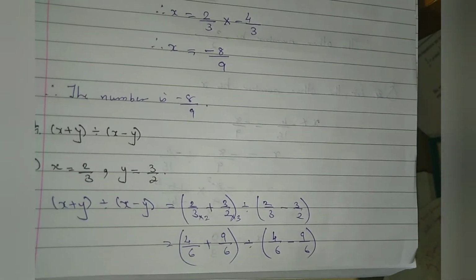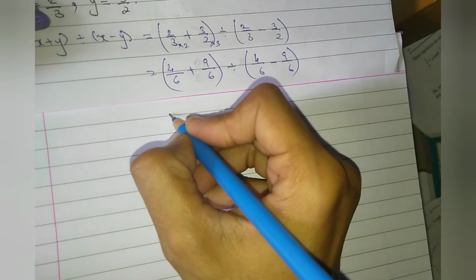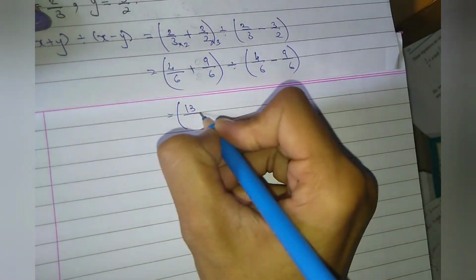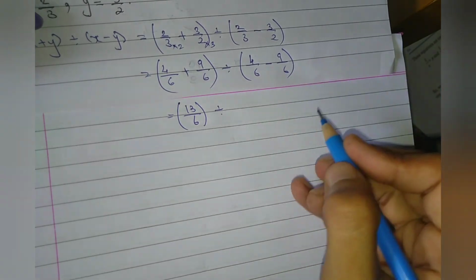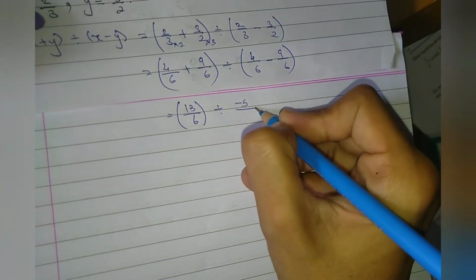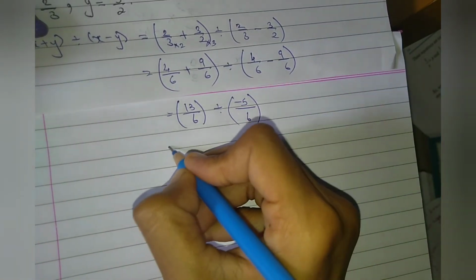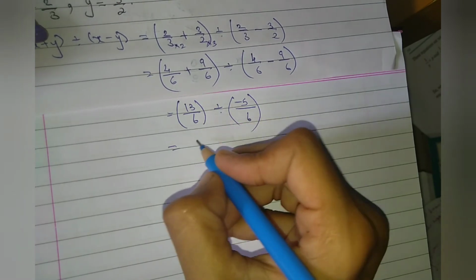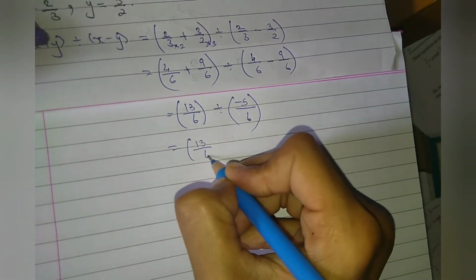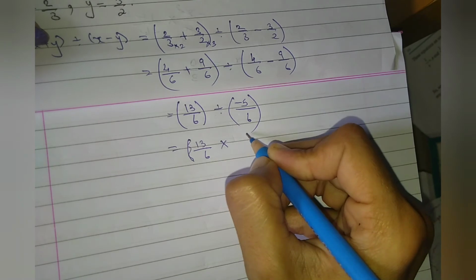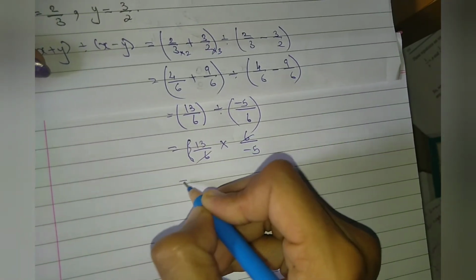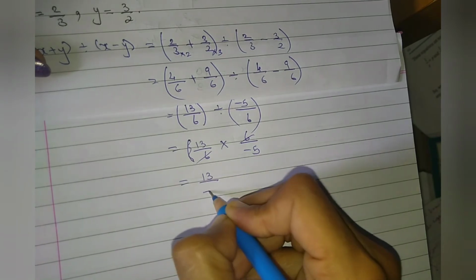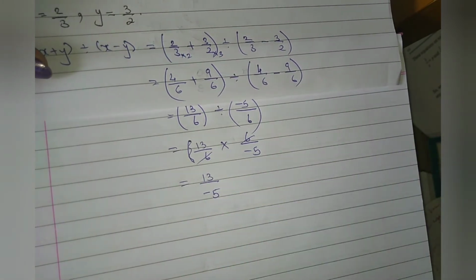So here it is 13 upon 6 divided by 4 minus 9, which is minus 5 upon 6. So this will convert into multiplication. So 13 upon 6 multiply by the inverse, 6 upon minus 5. 6 cancel. So the answer is 13 upon minus 5.